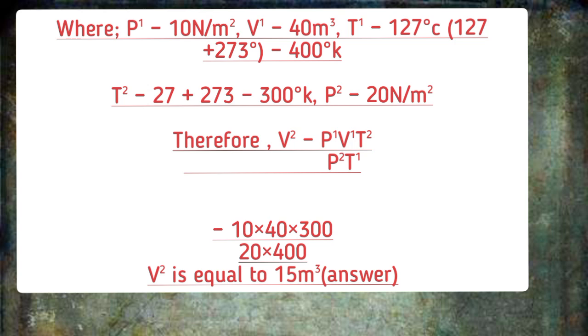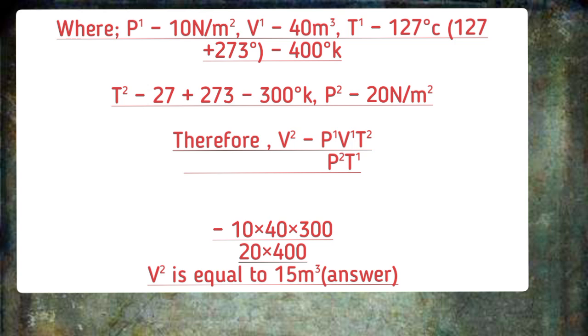P1 is 10 Newton per meter square, the initial pressure. Initial volume is 40 meter cube, and initial temperature is 127 degrees centigrade. As I said, 127 plus 273 converts it to Kelvin, and the value is 400 Kelvin. We have converted it. T2 is 27 plus 273, which is 300 Kelvin. P2, the final pressure, is 20.